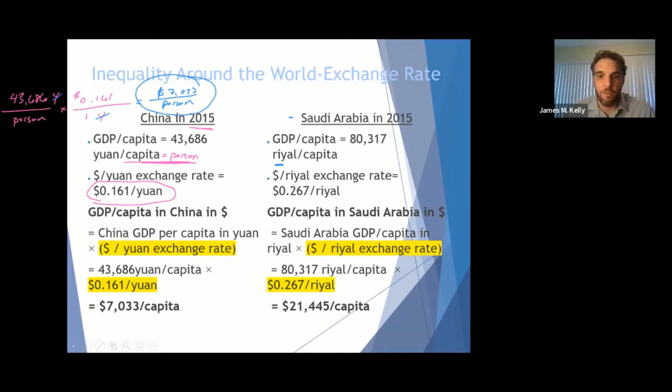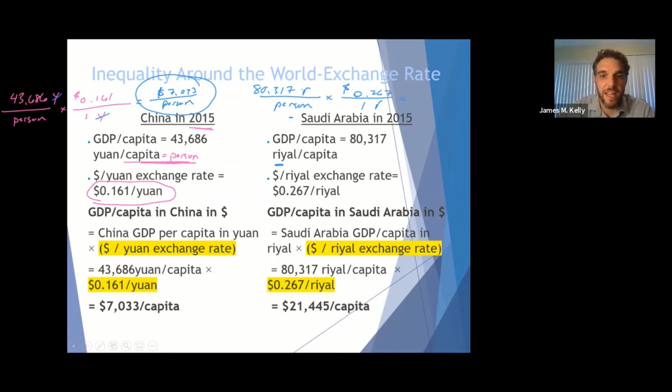So if we do that, again, remember, in this case it's the rial per person, we'll just call it R per person, which is 80,317, and multiplying that by dollars per 1 rial. In that case, the exchange rate was $0.267 per rial.